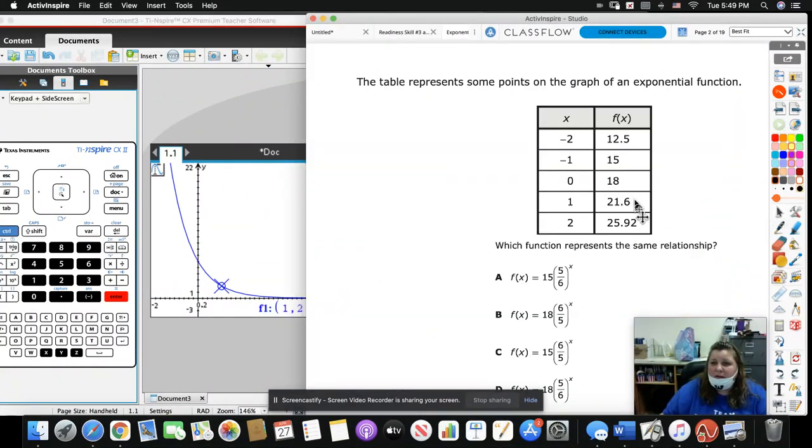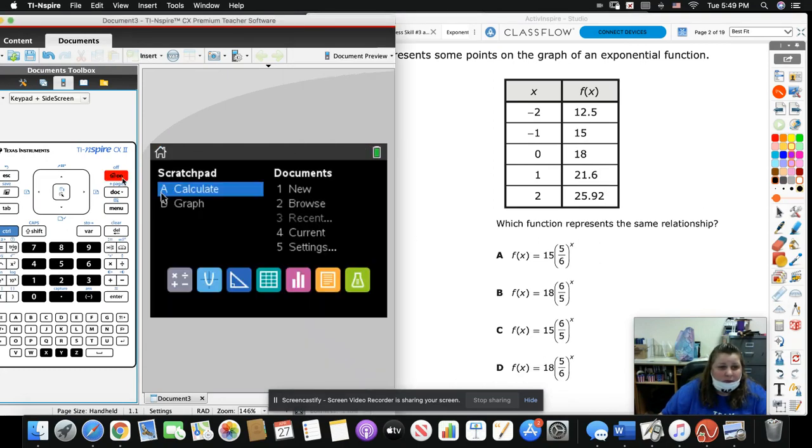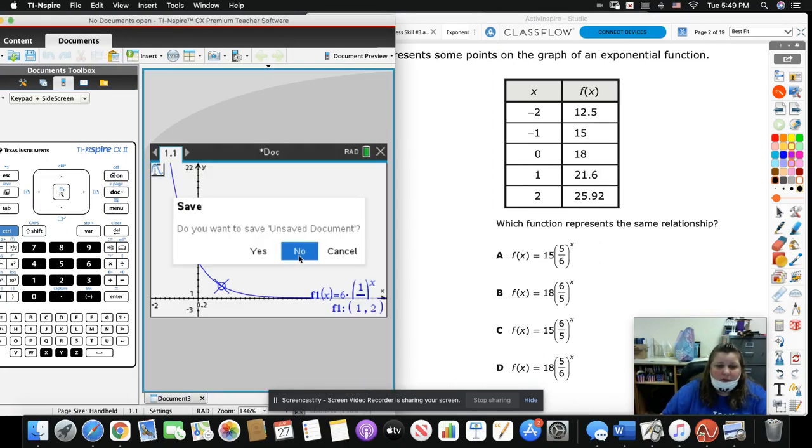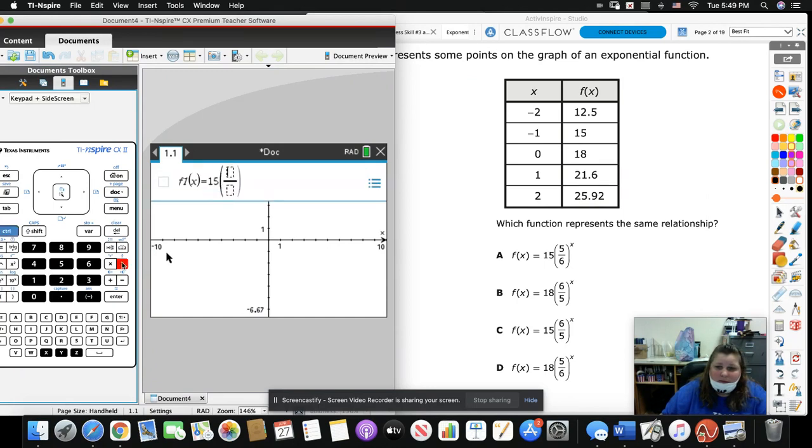This time it's not a graph I'm matching, but a table. So home, new document, save changes, no, add the graph. This is calculator skill 2. They gave us an equation, we type it in, control divide, 5/6, and then caret key, and then it's to the x power.